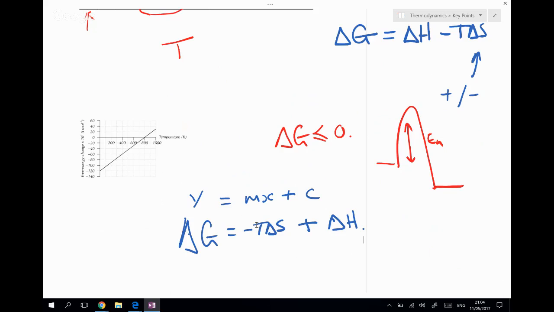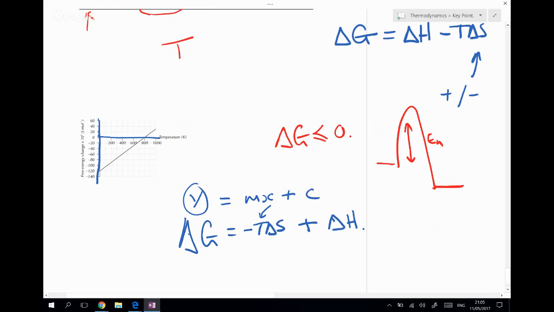Okay, so if we're to plot delta G here on the y-axis against the temperature, here we've got delta G. Our x value here, we're measuring as the temperature.